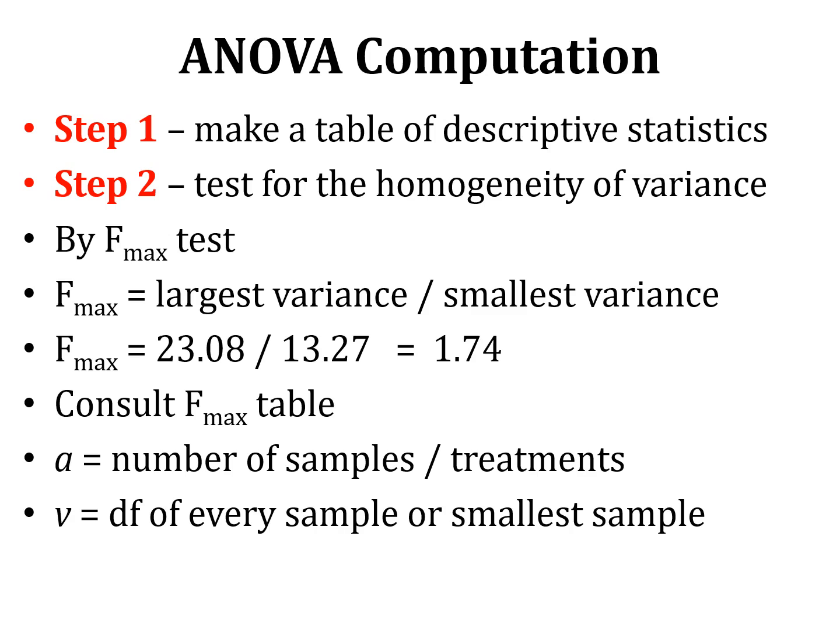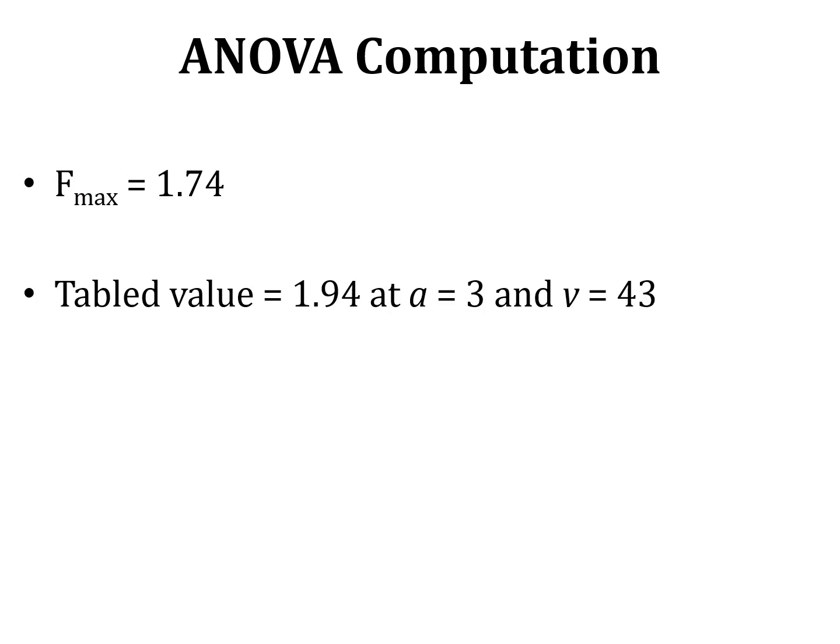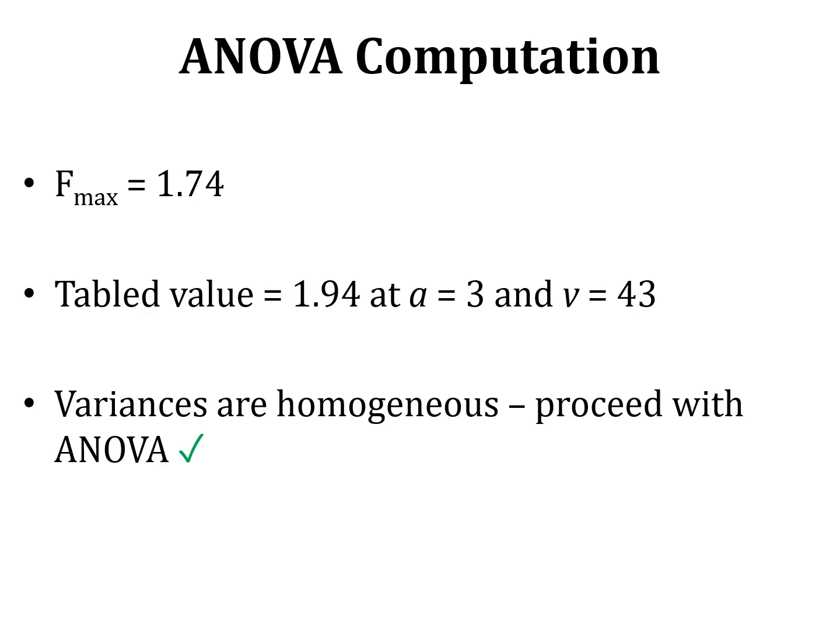The number of observations in the smallest sample is 44, so our degree of freedom is going to be 43. So here we are with the values. The table value is 1.94 at A of 3 and degree of freedom 43. So variances are homogeneous. We can proceed with ANOVA.